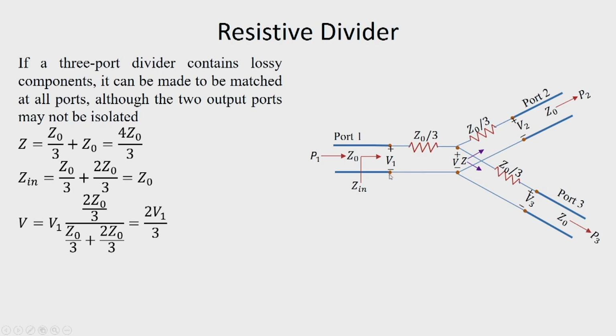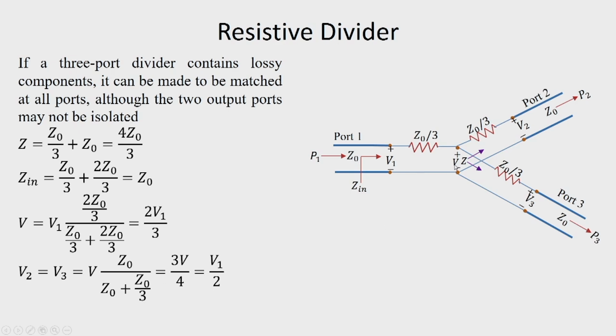So, V is 2/3 of the voltage at port 1, that means 2/3 of V1, and we see that because of symmetry V2 is equal to V3. Now, we can find V2 and V3.